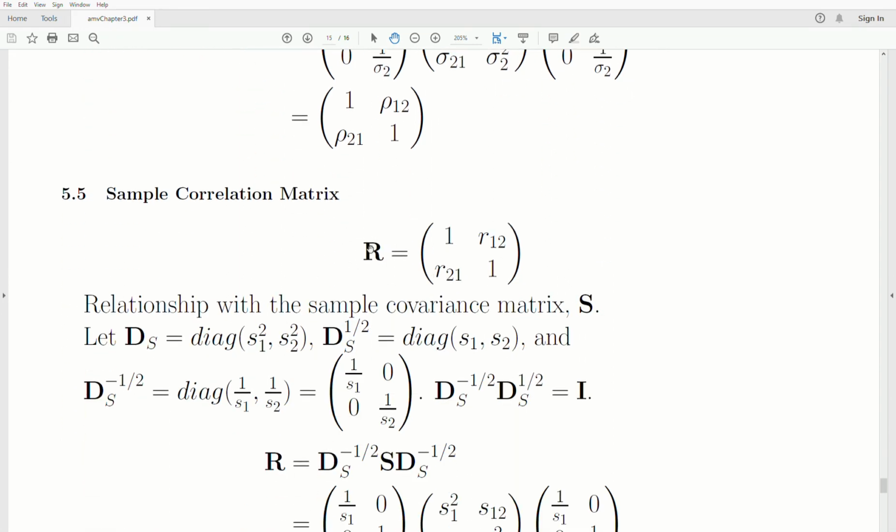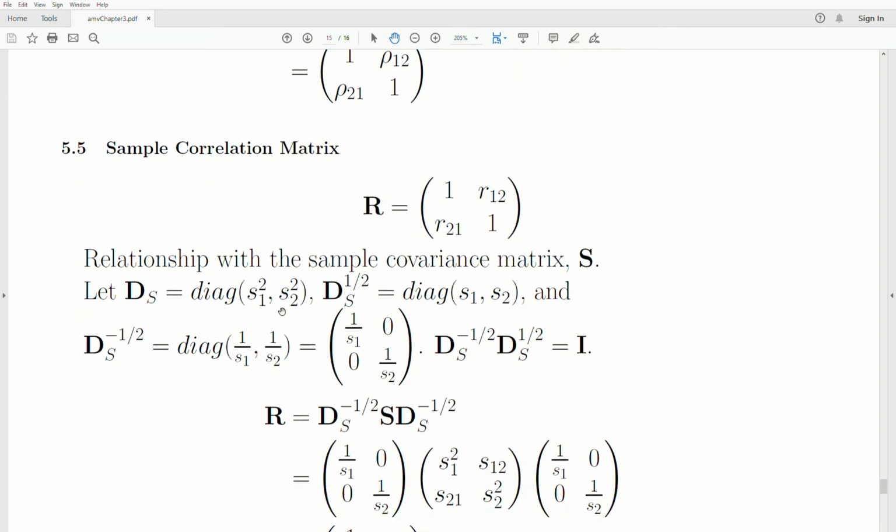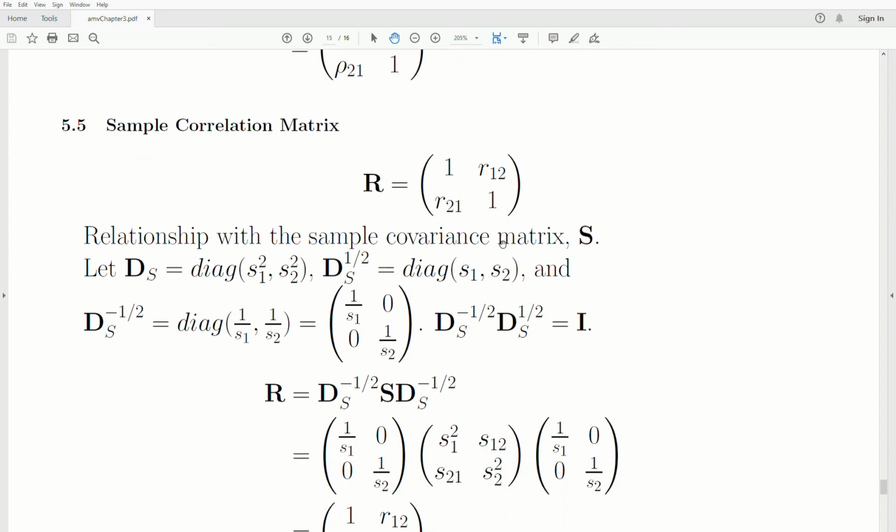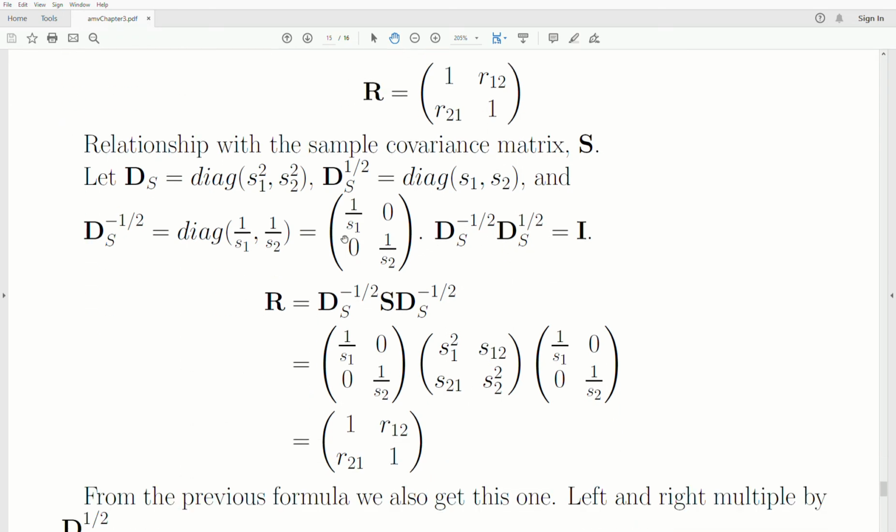It's capital R, with 1's down the diagonal, and then r₁₂ and r₂₁. Those are the same. It's symmetric. But this is the sample correlations between the variables. And that means there's a relationship between the sample covariance matrix S and the sample correlation matrix.